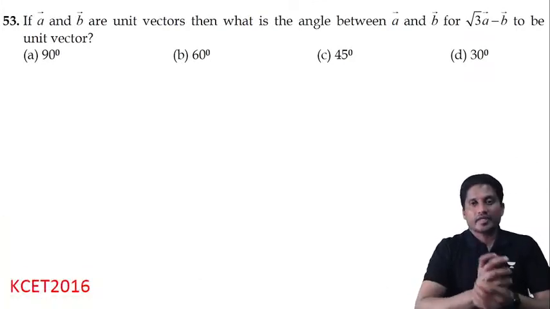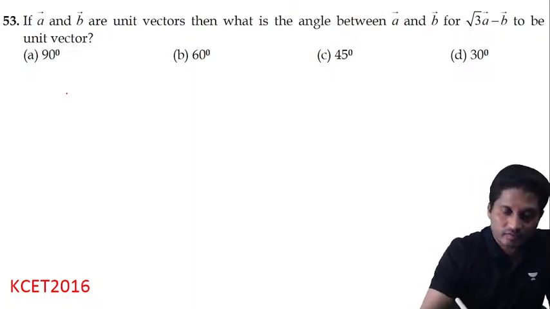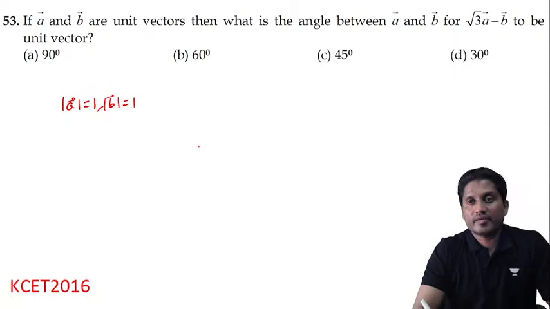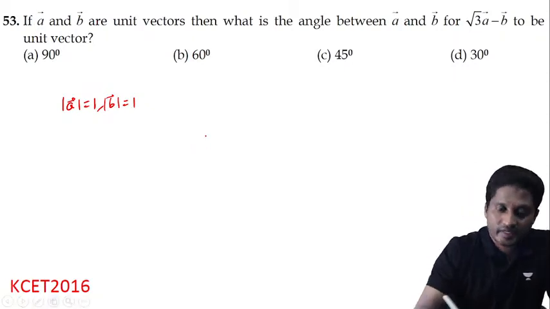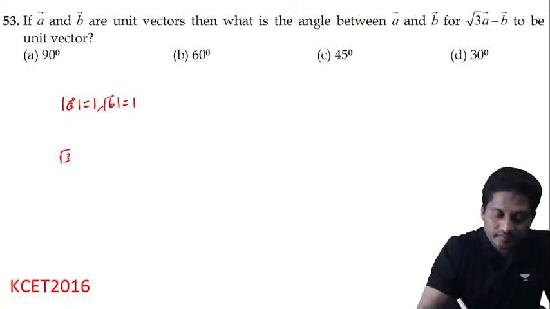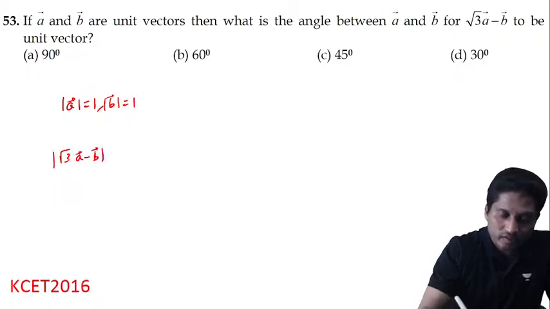A and B are unit vectors, right? So it means that modulus of A is 1, modulus of B is 1. We are supposed to find the angle between A and B. Root 3A minus B is also a unit vector. That is, modulus is equal to 1.